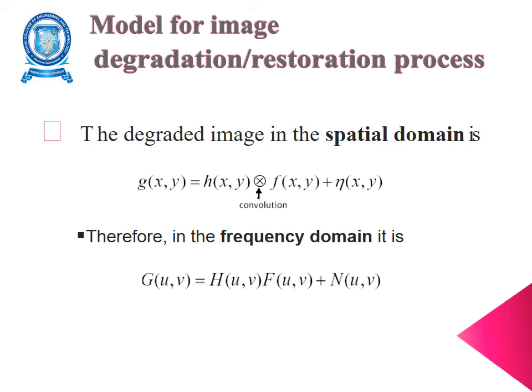Convolution is nothing but placing a mask over the matrix of image pixels. Therefore, in the frequency domain we can give it as g of u comma v equals h of u comma v times f of u comma v plus n of u comma v. Okay, so this is how it works.